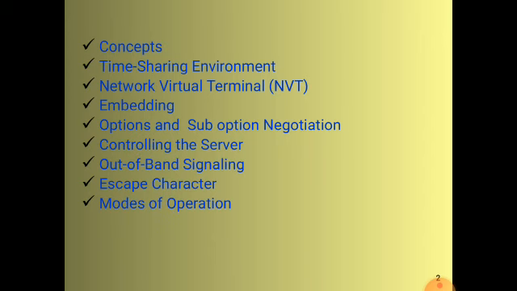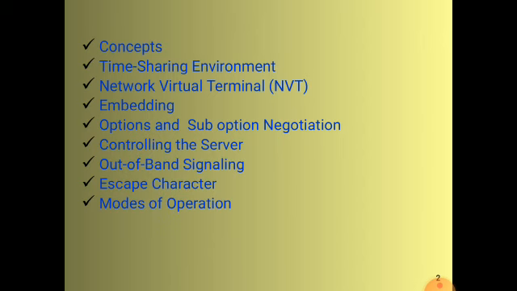Now the most important thing here is that while doing this communication, Telnet uses a protocol. We have studied the different protocols in chapter number 2: TCP, UDP, SCTP. Out of these 3 protocols, Telnet uses the TCP protocol.